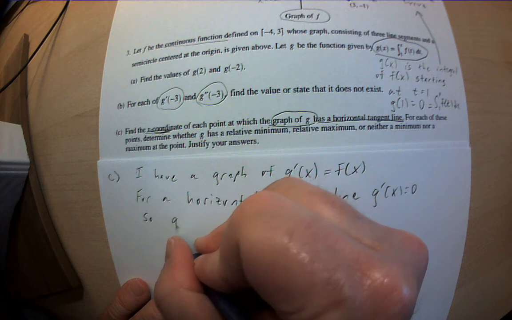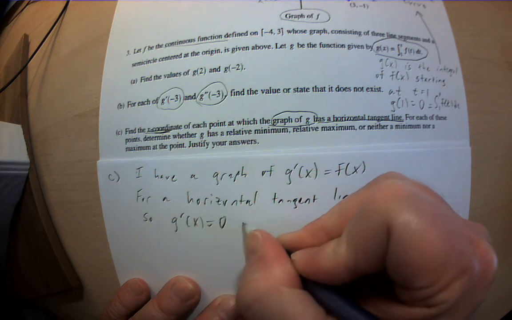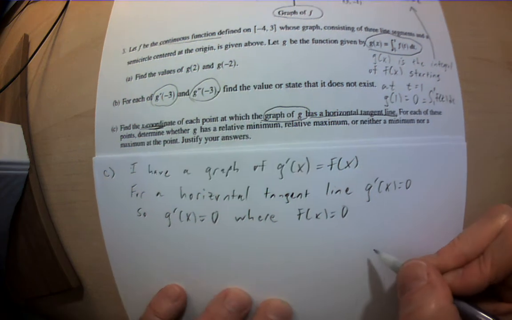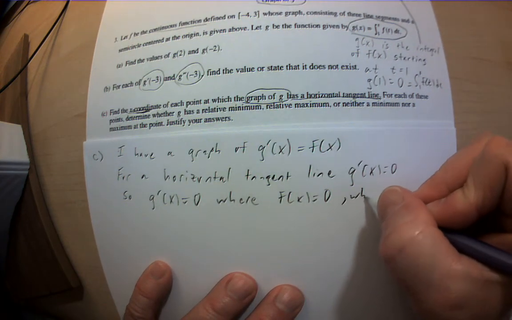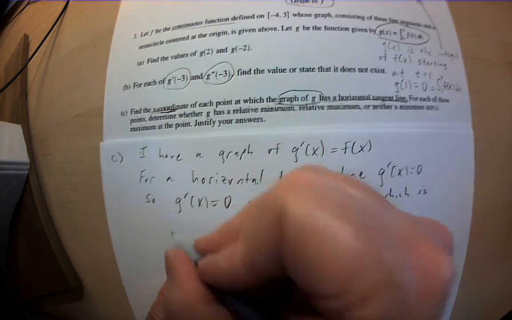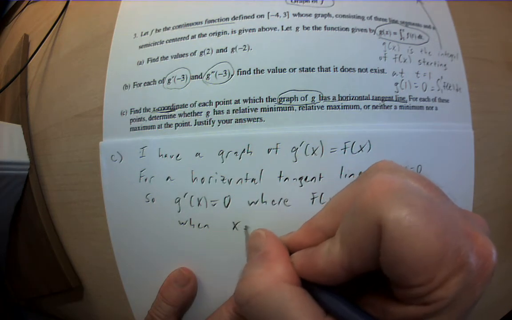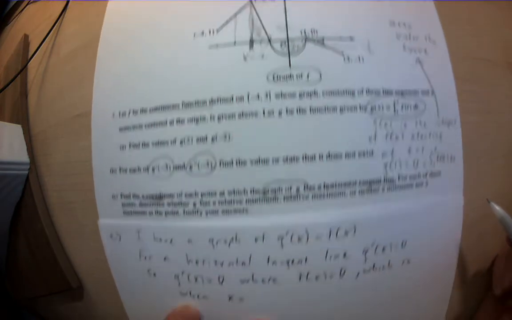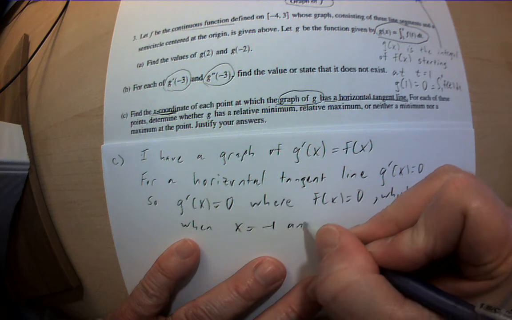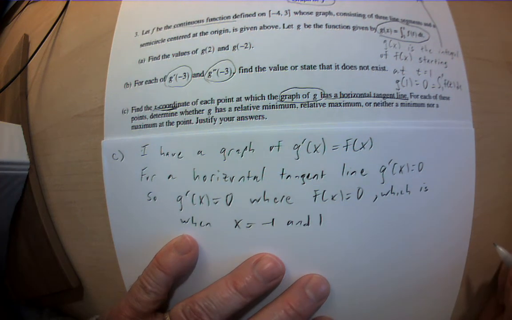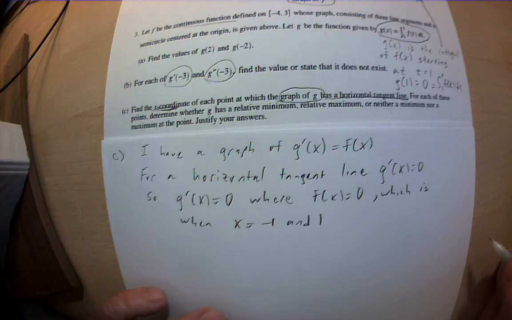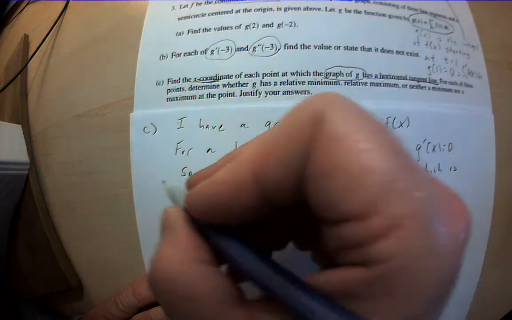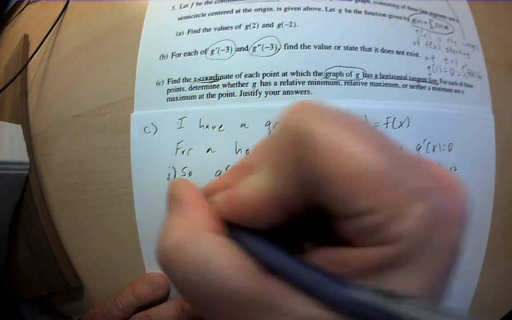So G prime of x equals 0 where f of x equals 0, so where's the f function equals 0? There and there. So when x equals -1 and 1. Okay? All right. And then it wants to know, is it a max, a min, or what? So that's kind of the first part.